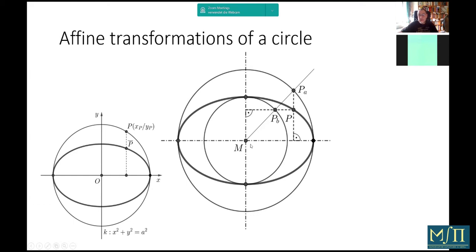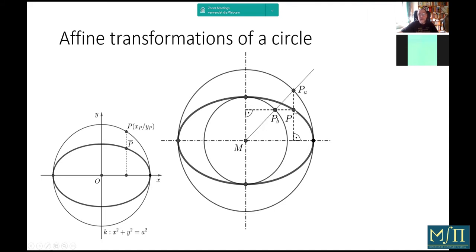That is, of course, the minor axis length of the ellipse. And since in one case we're extending the point P vertically by a factor of A over B, and in the other case horizontally by a factor of B over A, these 2 points PB and PA that result here from P lie on a common radius of these 2 circles. And these are, of course, concentric circles, and these points lie on the same radius.